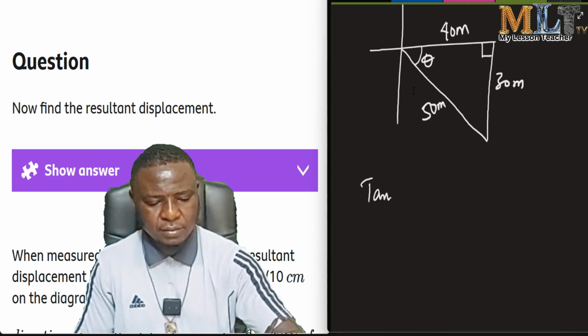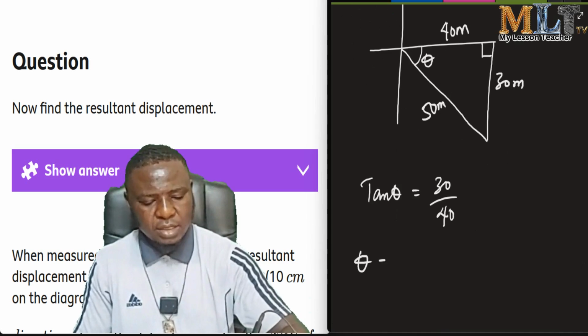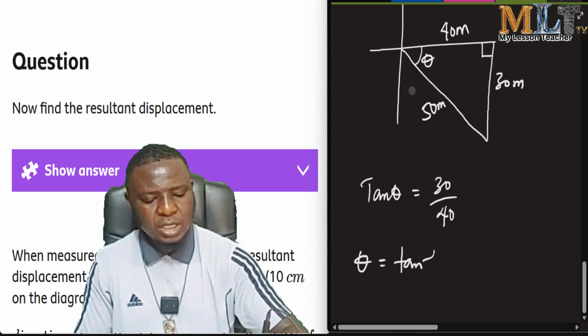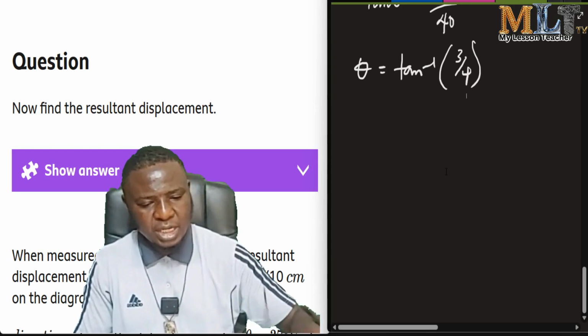So we have it that tan theta is equal to 30 divided by 40, or theta is equal to the tan inverse of 3 over 4, when you divide both 30 and 40 by 10.